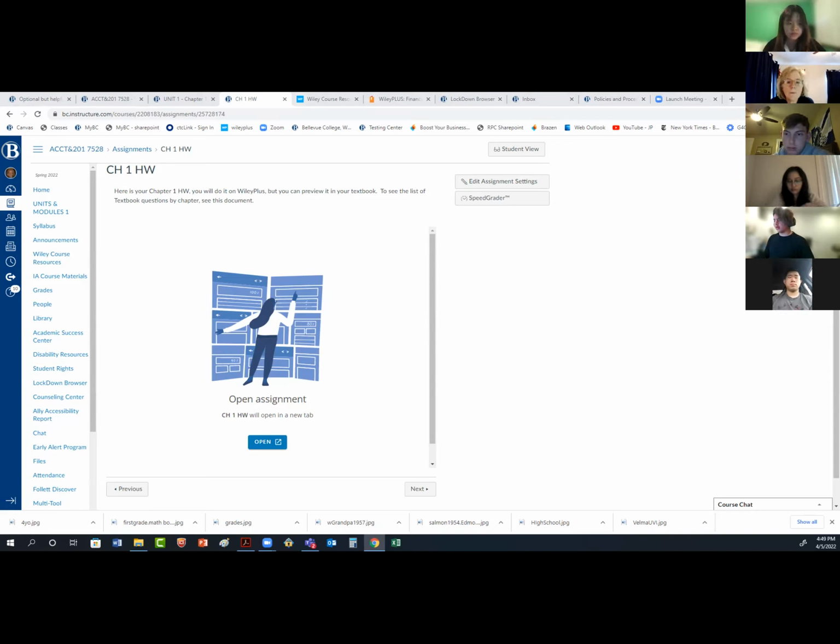Well, you will be able to access Wiley. If you did not opt in and purchase the textbook, you will be able to use Wiley Plus for 2 weeks. It may prompt you to purchase an access code, because after 2 weeks, if you did not purchase the book, it will drop you.